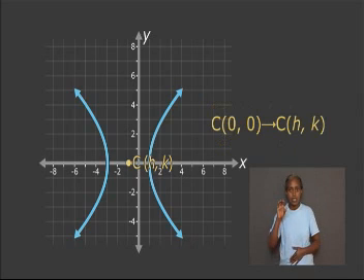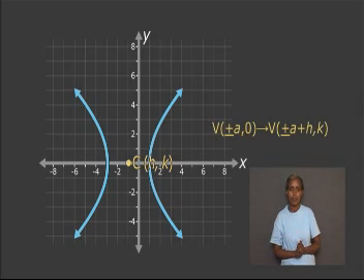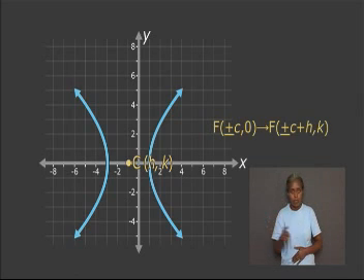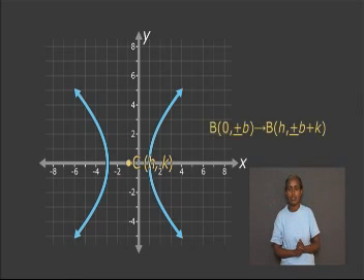C translates from 0, 0 to h, k. The location of V becomes plus or minus a, plus h, k. F becomes plus or minus c, plus h, k. The location of B changes to h, plus or minus b, plus k.